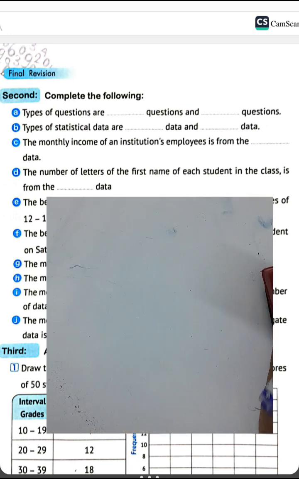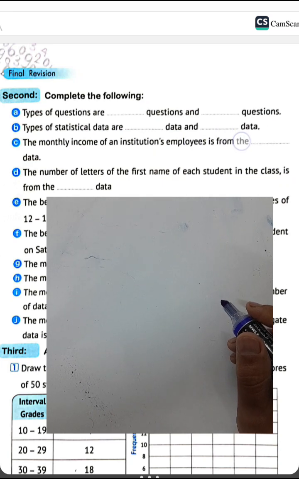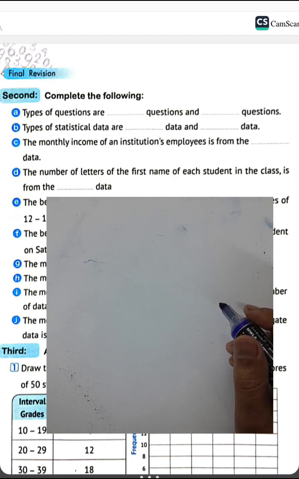Letter C, the monthly income of an institution's employee is from what data? The monthly income, we have digits here. So it will be numerical data.